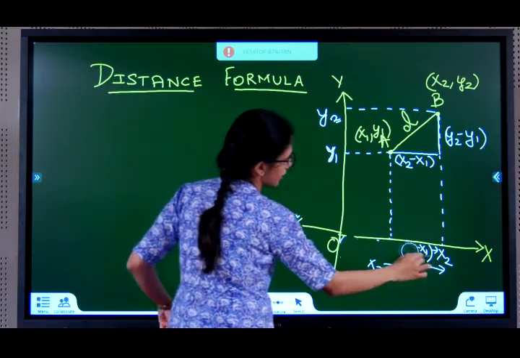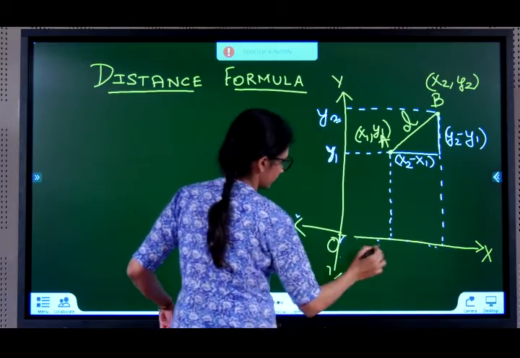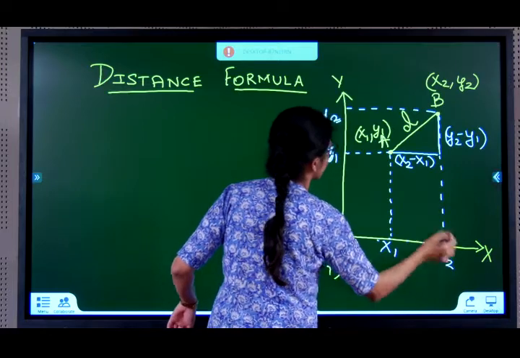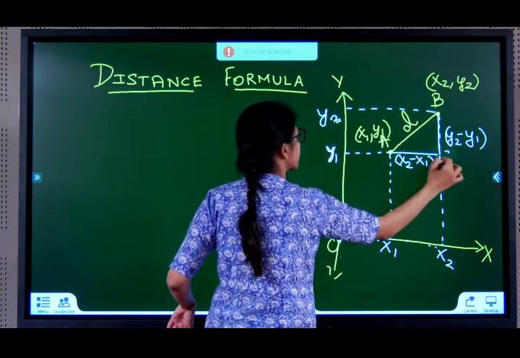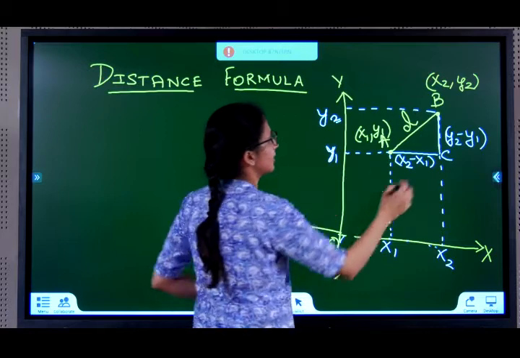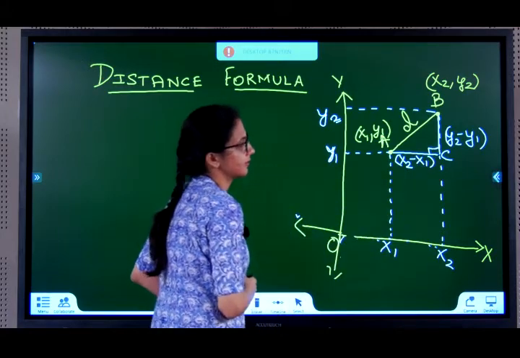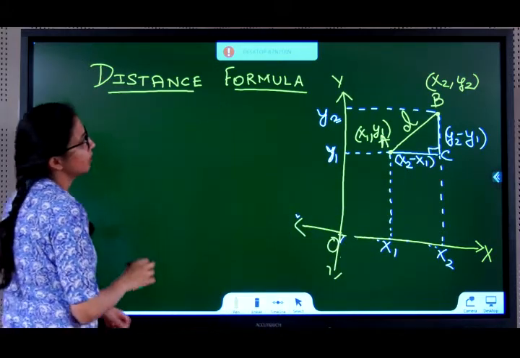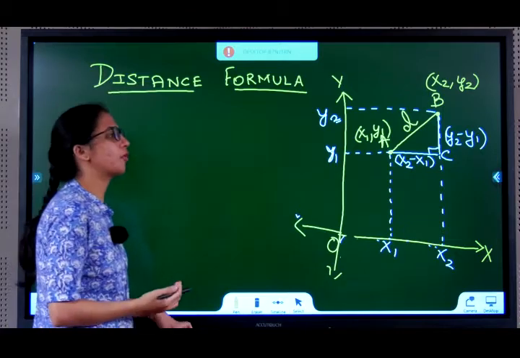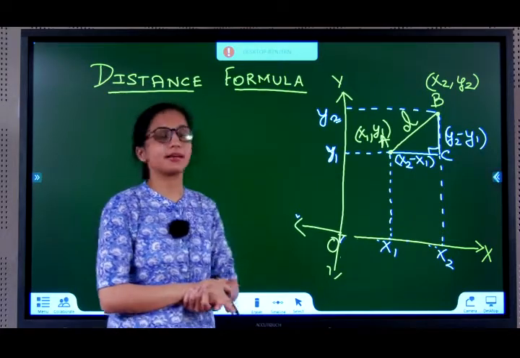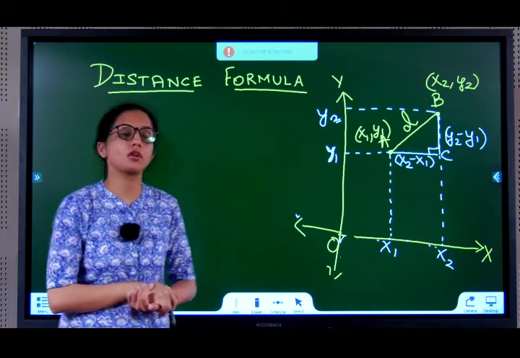Now, in this triangle, AB, let's say this is C. I can say angle C is right angled. Yes? Okay. So now your first point will be consider 2 points A and B such that the coordinates are x1, y1 and B is x2, y2.